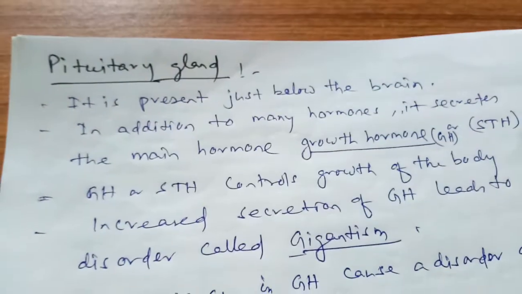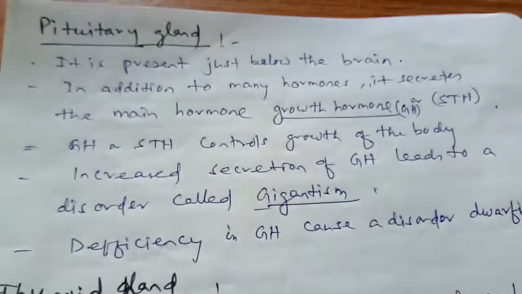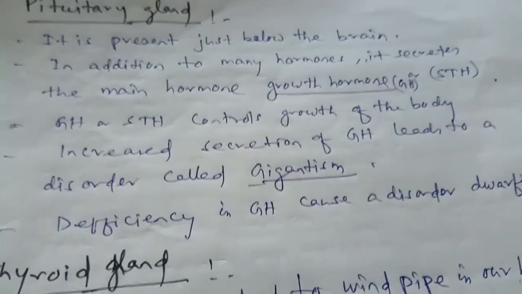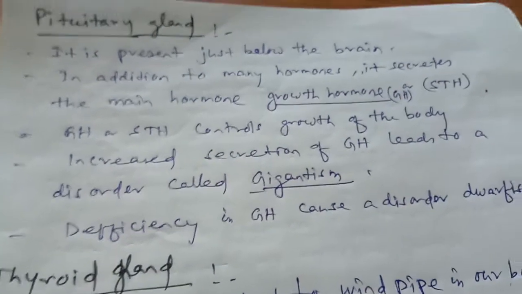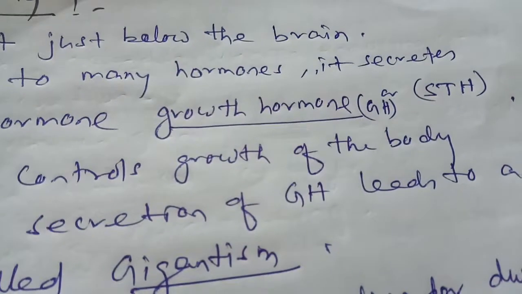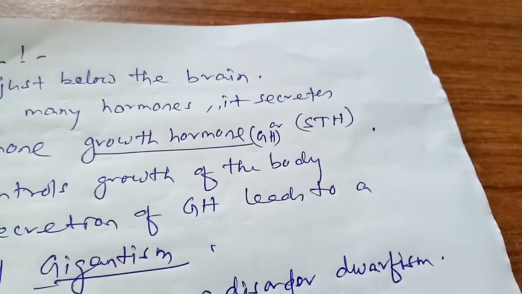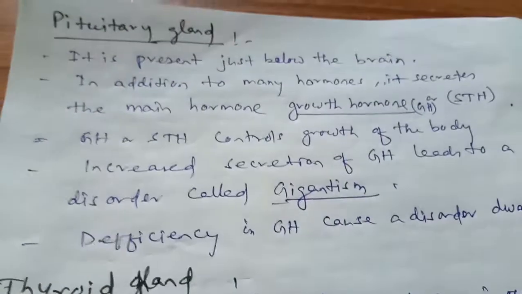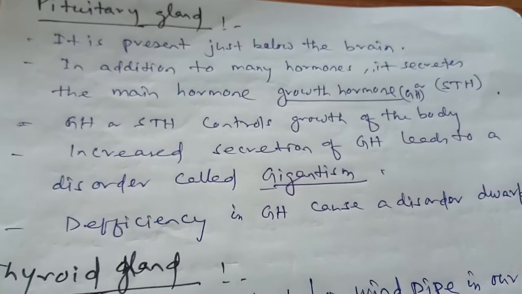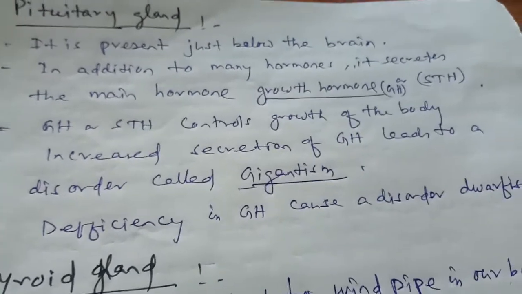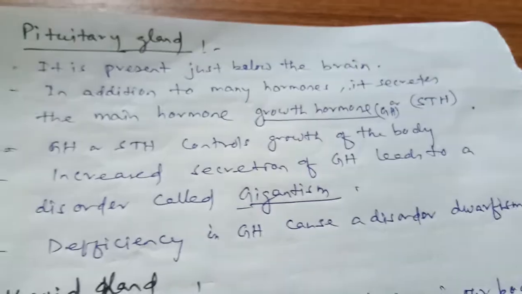Pituitary gland, students, is present just below the brain. In addition to many hormones, it secretes the main hormone, that is growth hormone or somatotropic hormone. Students, this growth hormone controls the growth of the body.